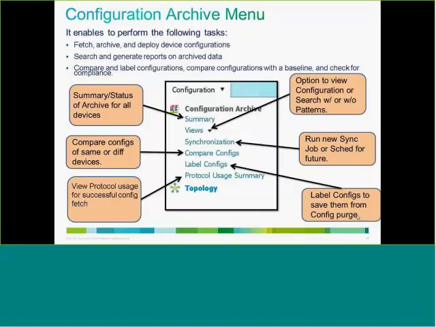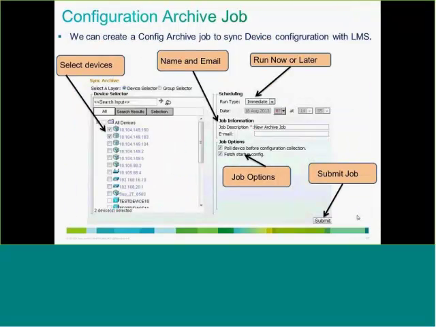So if you don't want to delete a configuration which you think is a standard template for those platform devices, you can just label that config, and once it is labeled, no matter what purging job you run, the purging job will not remove it unless we run a specific job to remove it.